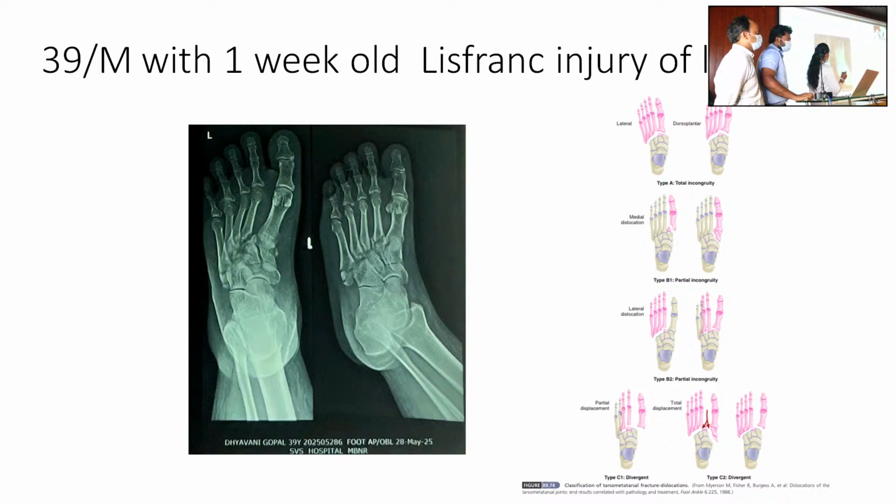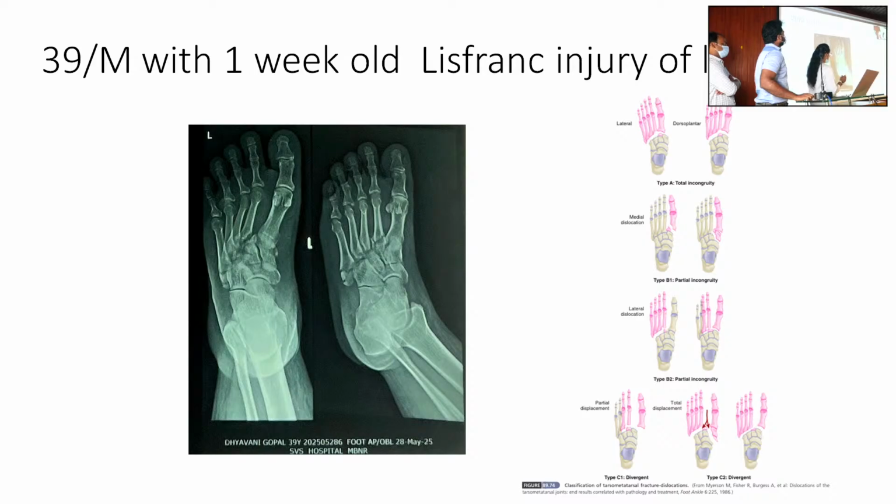In type A, there will be total incongruity of all 5 TMT joints, sir, and they are divided further into two types based upon direction of displacement. A1 is lateral and A2 is dorsoplantar. Whereas in type B, there will be partial incongruity, that is, out of 3 columns, either 2 columns will be intact. In B1, the medial column will have incongruity with medial displacement.